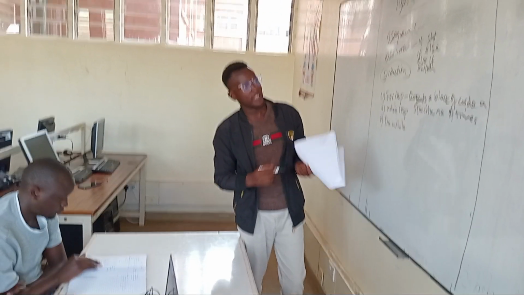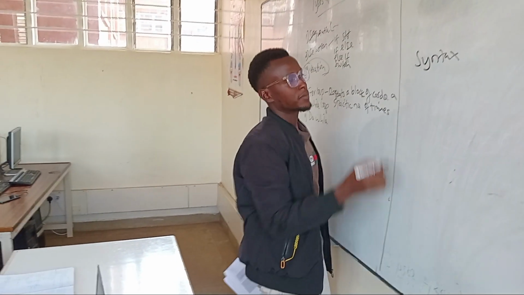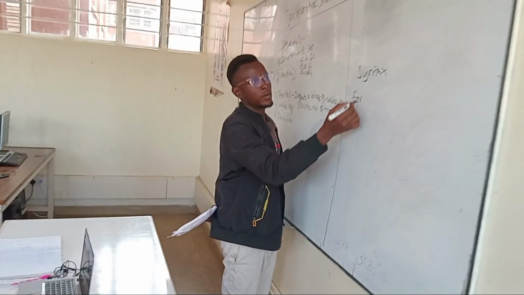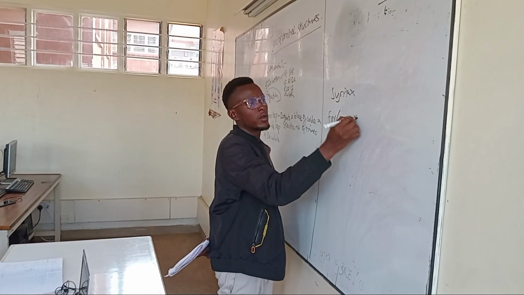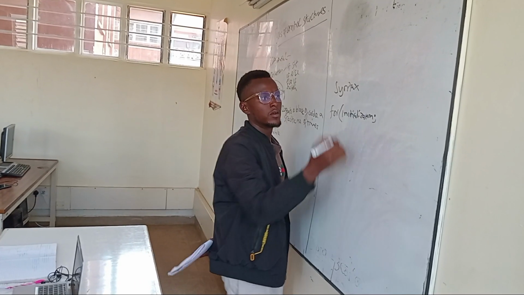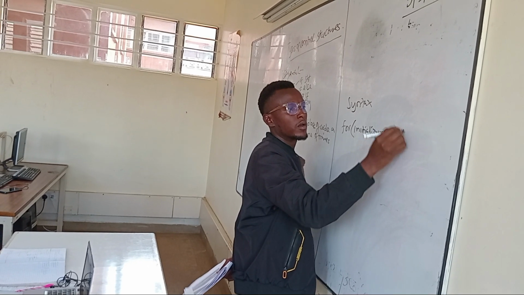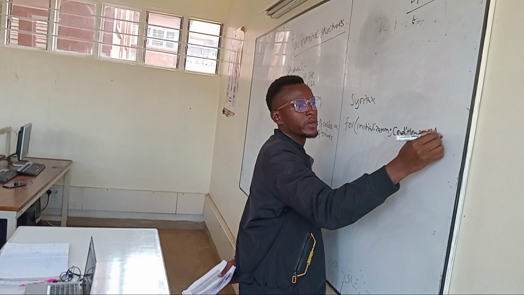So we can have the syntax for the for loop. Syntax: you write for, initialization, condition, and update.